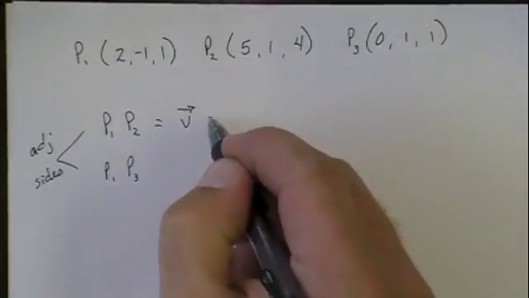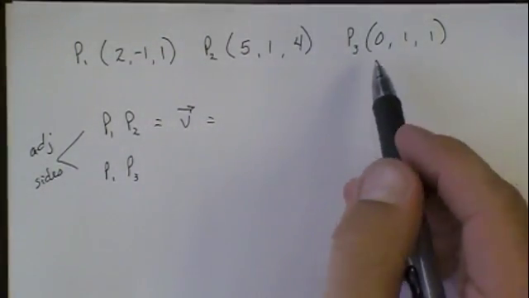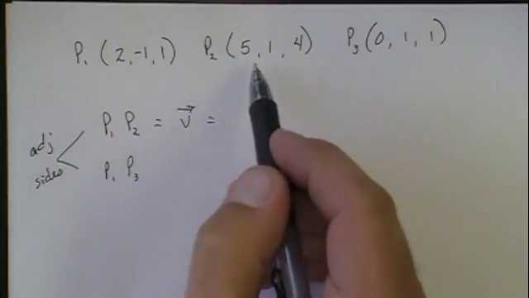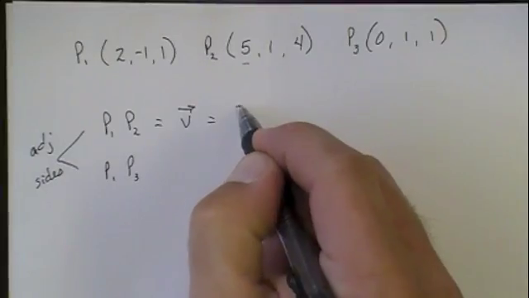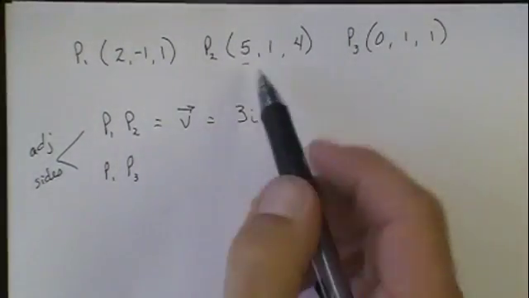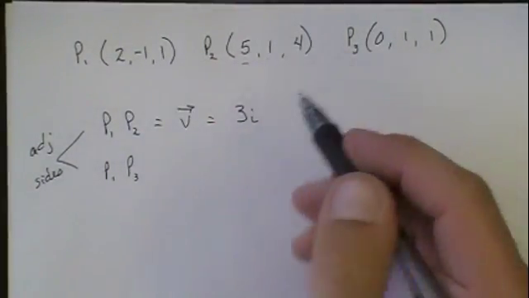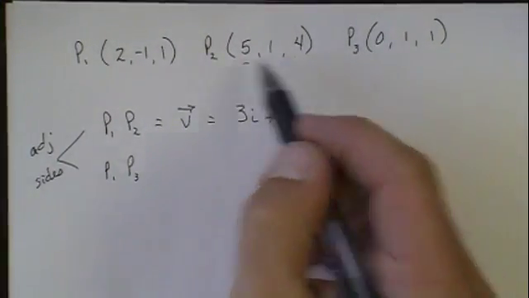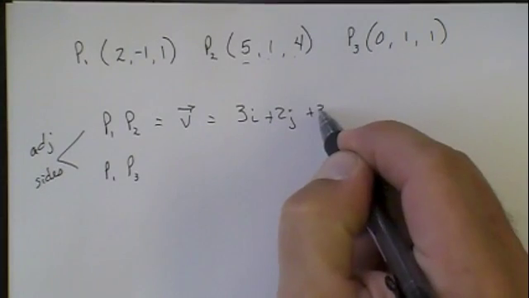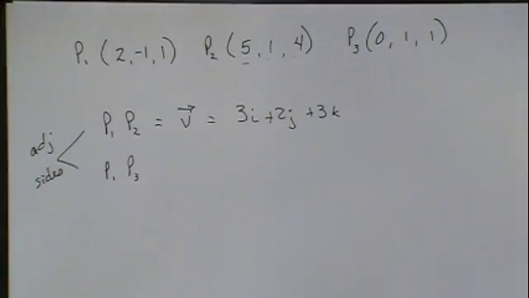To determine what that vector would be, I'm going to go from point 2 and find that position vector. So I'll take 5 minus 2. That gives me 3i. Then I have 1 minus a negative 1. That gives plus 2, my j component. And then 4 minus 1 gives me plus 3, my k component.